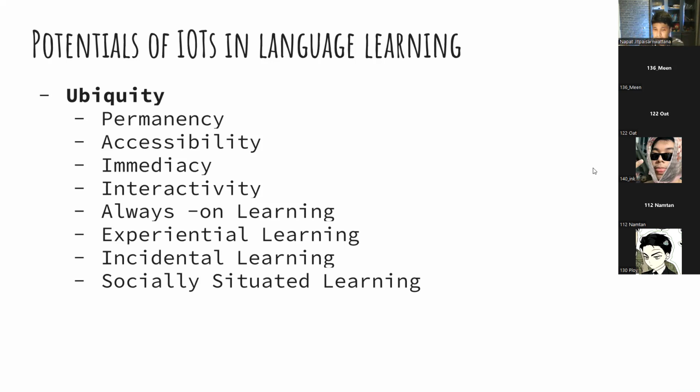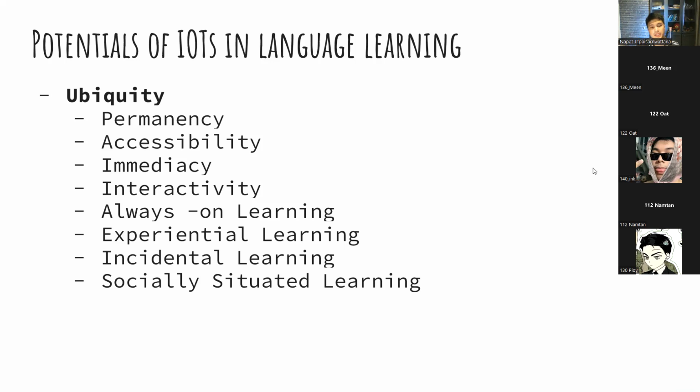So it's just like you walk to different places, in different parts of the world, and let's say you can use your AR to scan, or you can use your translation software to translate the words and things like that, and you learn a new word as a byproduct from doing that. So that's something we call incidental learning, right? So you learn not because you want to learn, or not because you intend to learn, but you learn because it happens, right? And then you pick up something new.